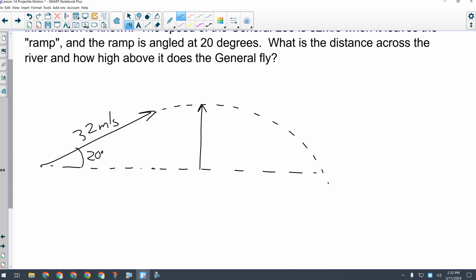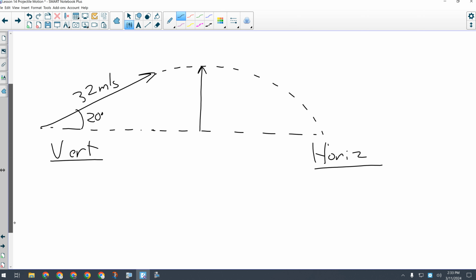We're operating in the perfect physical world where there's no air resistance or anything that can slow it down. So if I break this up, like I'm supposed to with all projectile motion problems, I can calculate a couple more pieces of information than I'm originally given.